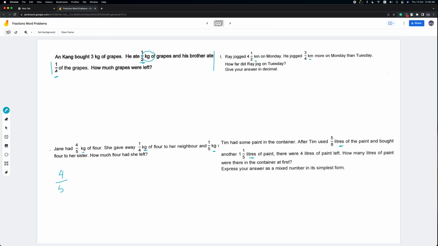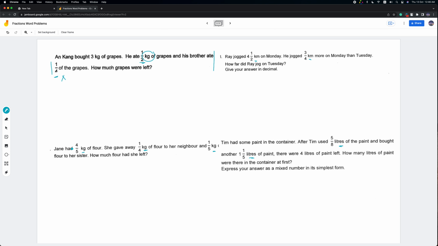Because most of the time when you have units attached, you need to use addition or subtraction. So what happens if you don't have units? I'll tell you now, but we'll go through the example later. When you don't have units, chances are you will need to use multiplication.